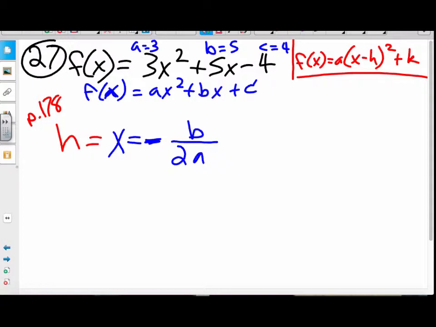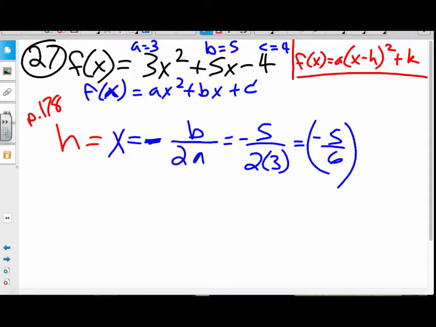Okay? So now if I plug that in, based on my little blue equation, this is equal to negative 5 all over 2 times 3, or negative 5 over 6. Oh, you're kidding me. That's kind of challenging, isn't it? Oh well. For the vertex, I have an x comma y value, right?